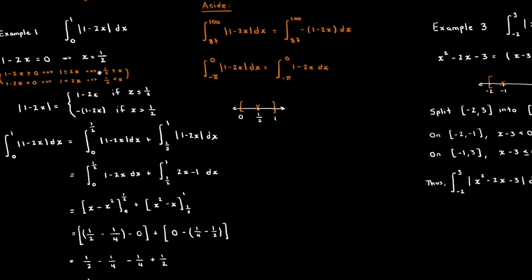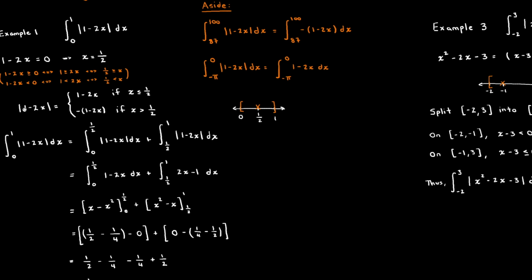Another way to see this, if you just want to reason in your head, is to pick a number to the left of 1/2. So for example, you can pick 0. Well, when I plug in 0 here, you can see we just get 1, right? And 1 is bigger than or equal to 0. So doing this analysis allows us to write the absolute value of 1 minus 2x as a piecewise definition.